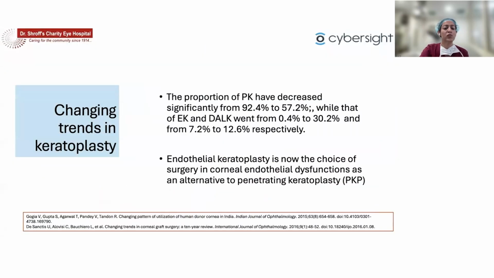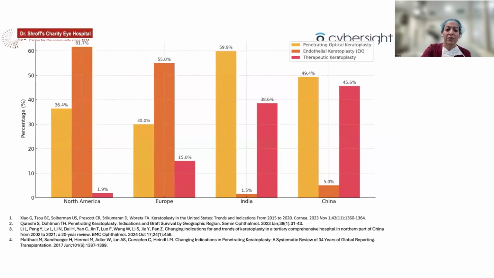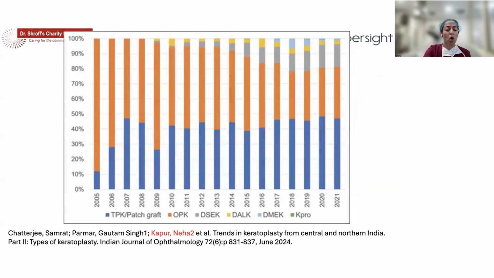Worldwide, there are significant changes in the patterns of keratoplasty. The incidence of endothelial keratoplasty has gone from 0.4% to 30%. In the developed world, EK tends to be the most commonly performed procedure amongst the keratoplasties, whereas in the developing world like India, penetrating keratoplasty still continues to be the most common procedure.